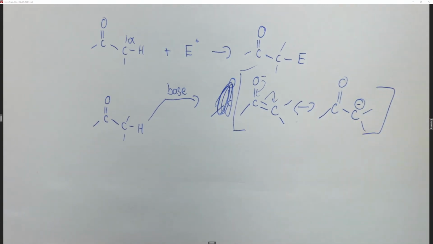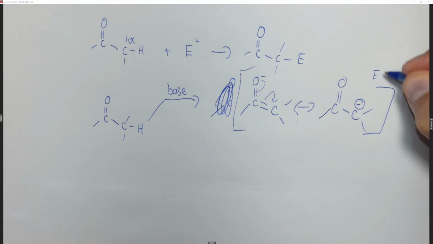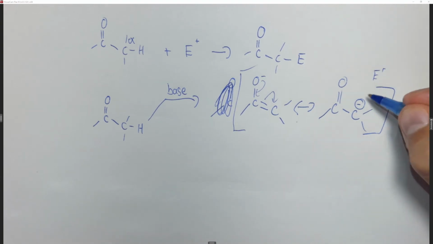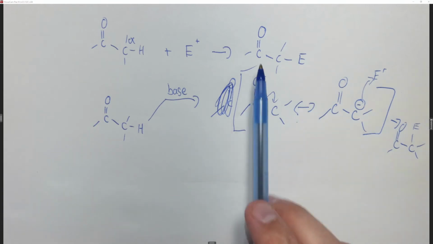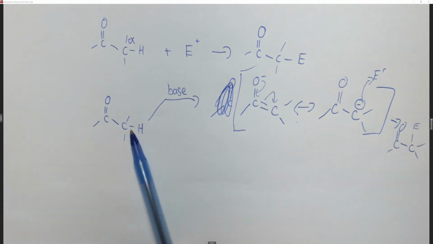The alpha carbon is now susceptible to attacking the electrophile. And what we ultimately end up with is C double bond O, bonded to something, bonded to C, bonded to the electrophile, and bonded to two things. So by adding a strong base and removing this proton, we can get this.